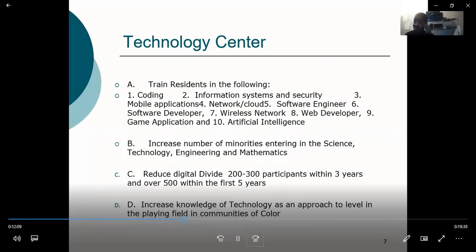Because if you don't understand the technology, and a lot of people don't, their definition of technology is based on the Flintstone definition of technology. If you don't have a technology perspective, like again, the Jetsons, then you're lost. And we need to make sure we upgrade the community's understanding of technology, and that's what this does.